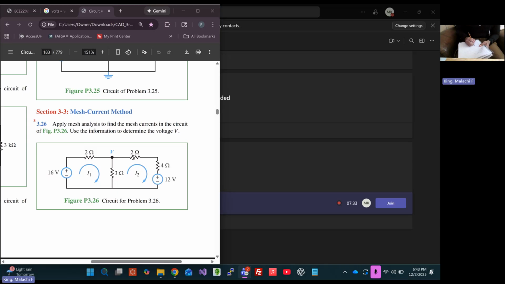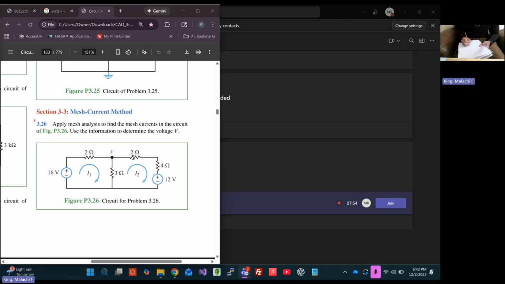So 15 ohms times I2, plus ohms times amps is volts, so plus 20 volts, minus 3 ohms times I2 equals 16 volts.